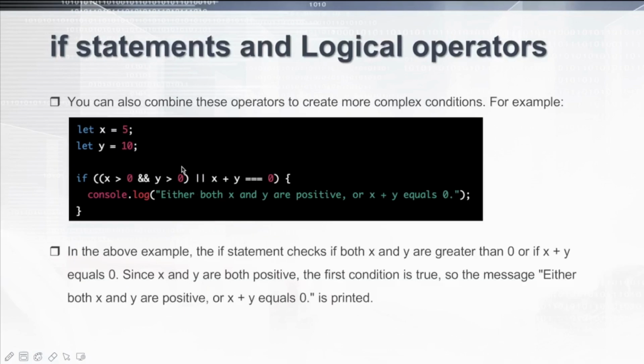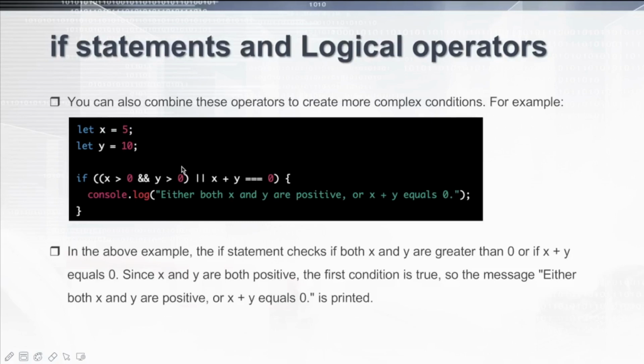You can also combine these operators to create more complex conditions. You can combine the AND and OR operators to achieve even more complex conditions.